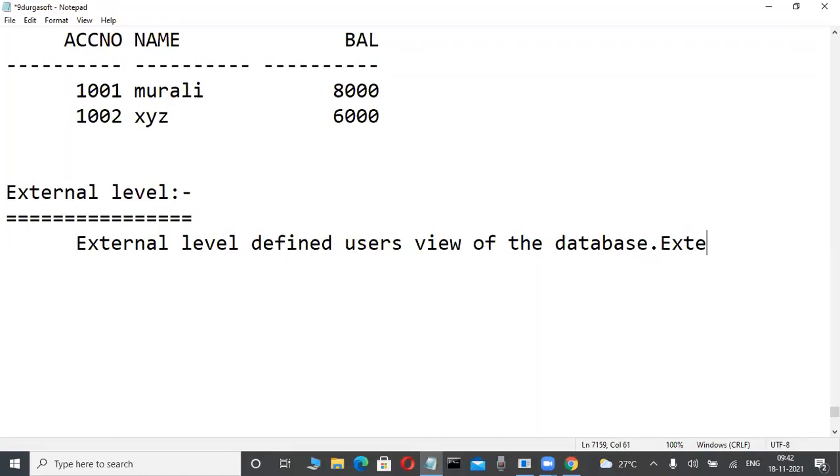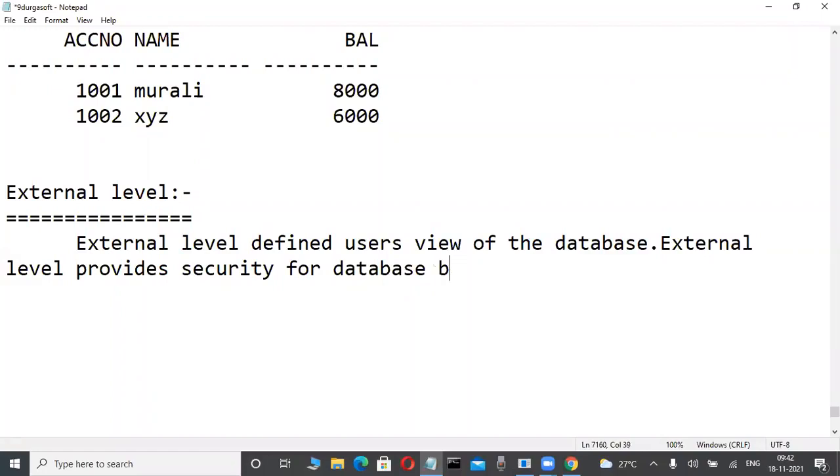External level provides security for the database, because it hides data from other users.